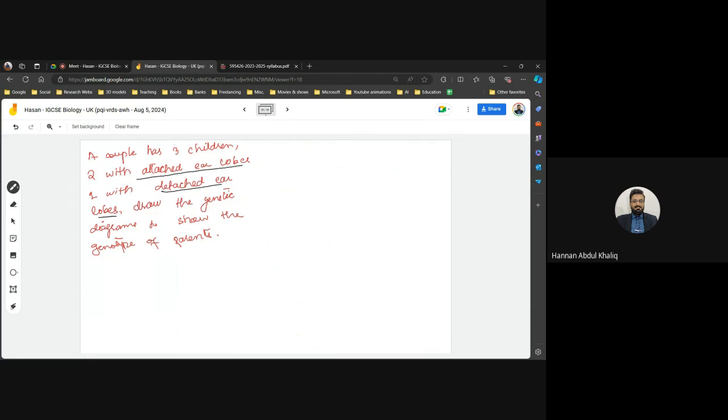This is very interesting, yet a bit difficult. Okay, there are three children. Obviously, two children have at least one dominant allele. Can you guess how am I so sure about this statement that two have at least one dominant allele?